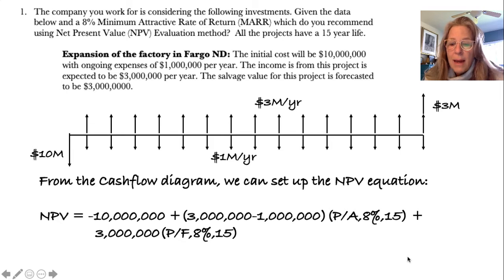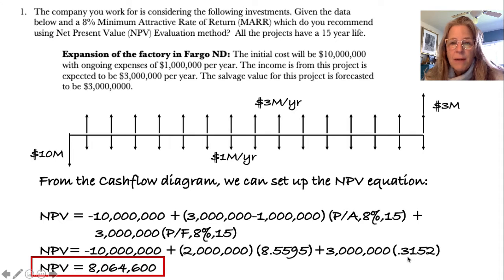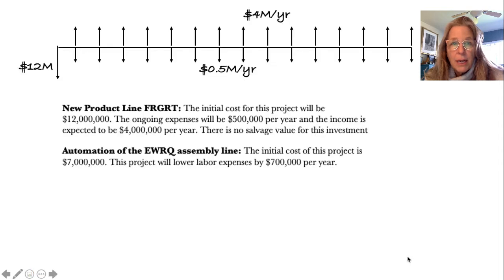Then I also add in the present value of the 3 million that's occurring in time period 15. Looking up the values in our tables, I get a net present value of 8,064,600.